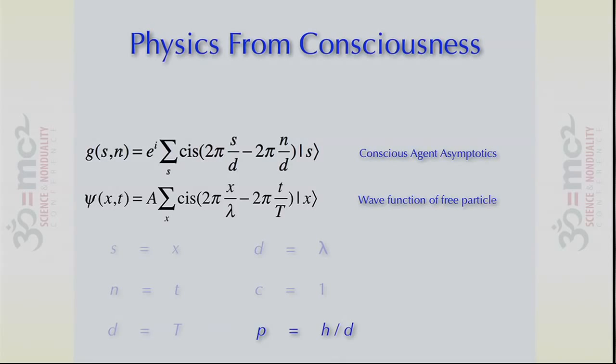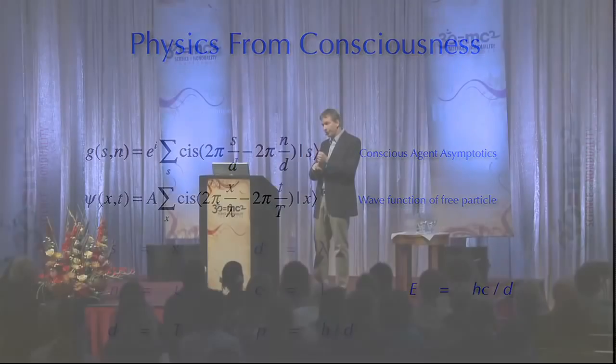The momentum is actually Planck's constant over d, the period of the conscious agents, and the energy is Planck's constant times c, which are both 1 in these units, divided by d, the period of the conscious agent dynamics. So in other words, from the asymptotic, the idea then is that physical particles are identical to asymptotic behaviors of the dynamics of conscious agents.